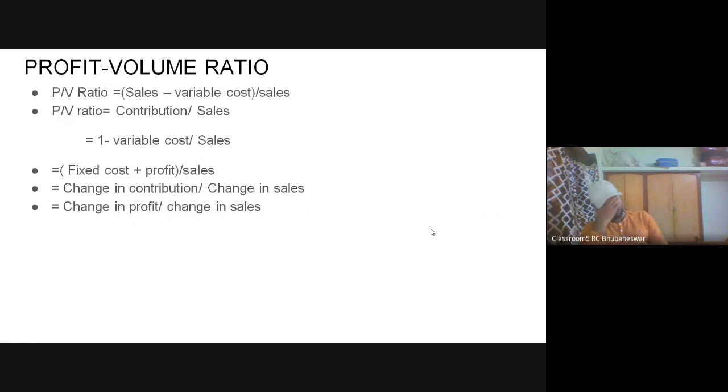Profit means contribution will be taken into account, and volume means sales. So PV ratio is equal to contribution by sales. If you want to find it in percentage terms, multiply by 100. Write this first: PV ratio is equal to contribution by sales into 100, C by S into 100.